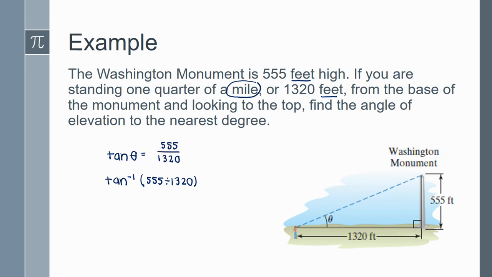Once again, it says to round to the nearest degree, so no decimals. I'm seeing in my calculator 22.8, which is why my theta, when I round it to the nearest degree, is going to be a 23-degree angle.